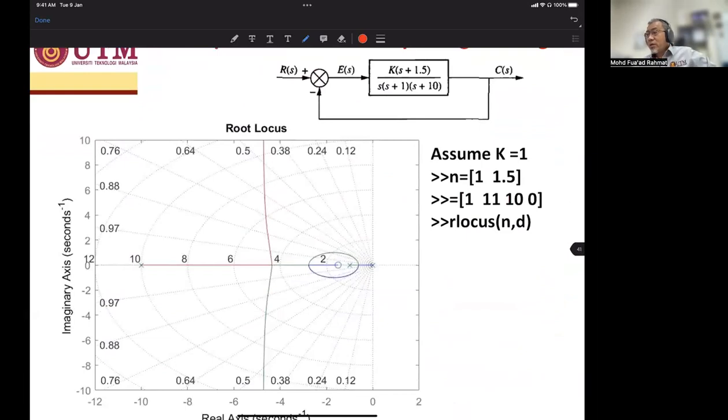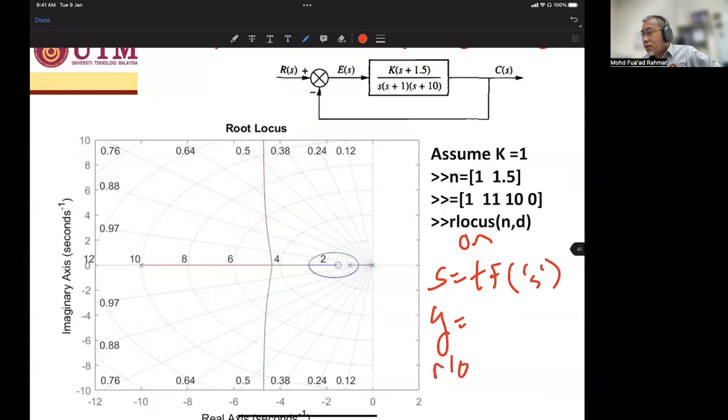So we draw the root locus using the program, by assuming K equal to 1, or you can follow my program previously. You type the G, then rlocus G, and then grid. So this is the root locus from the computer.